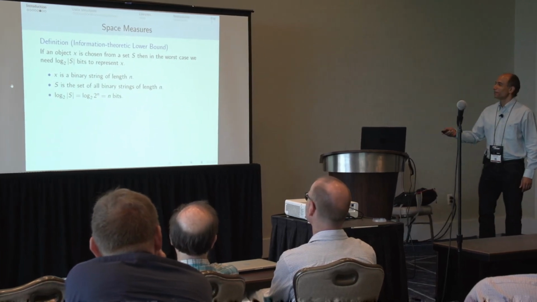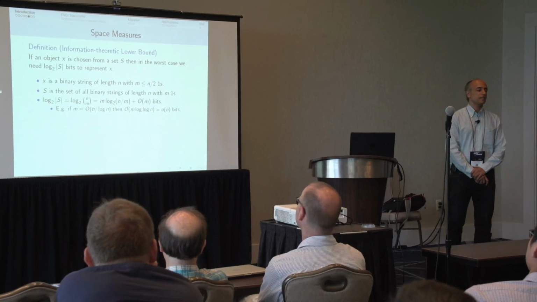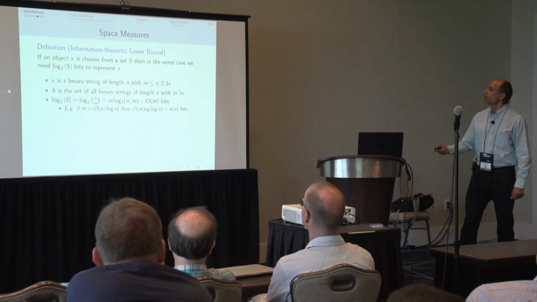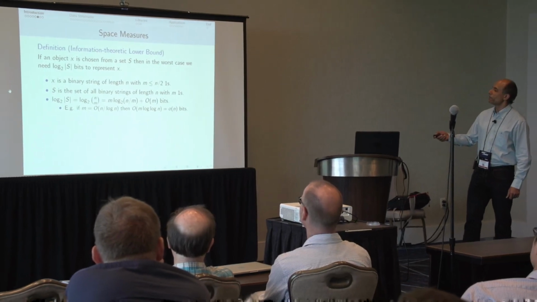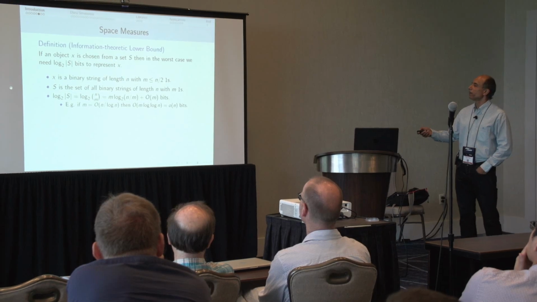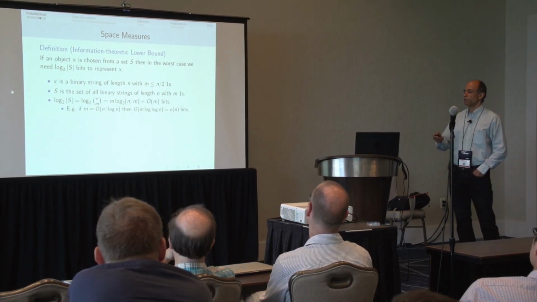So now you can do slightly better. What happens if you say this is a bit string, but you have relatively few ones? Just ignore the n over 2 for now, you don't need that. But you've got a binary string of length n with just m 1 bits.